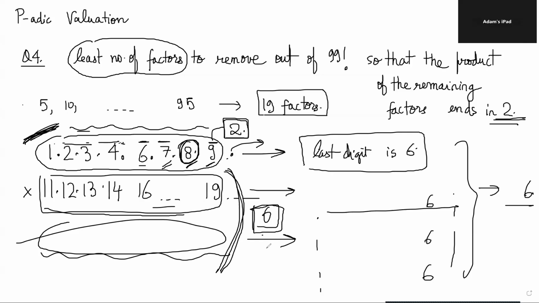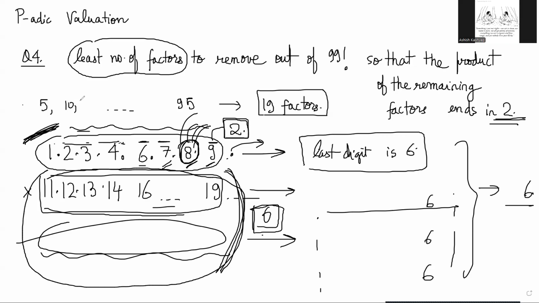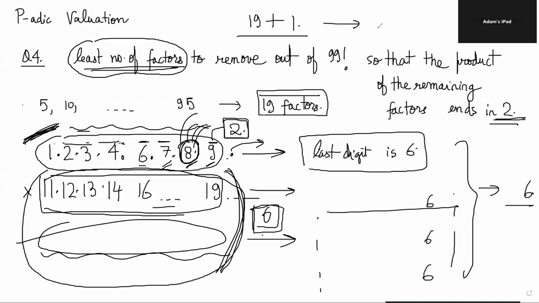So basically, one way to do it is to just remove one more 8, and that's it. Don't do anything else, and you will still have a number ending in 2, right? Because you don't have to change anything here. Let it be, because we want the least number of factors that we need to remove. So 19 factors for sure, plus one more. Correct? Answer is 20.